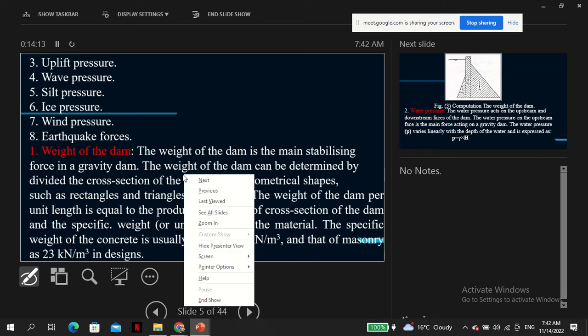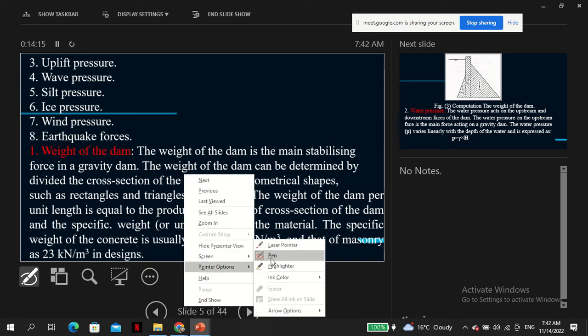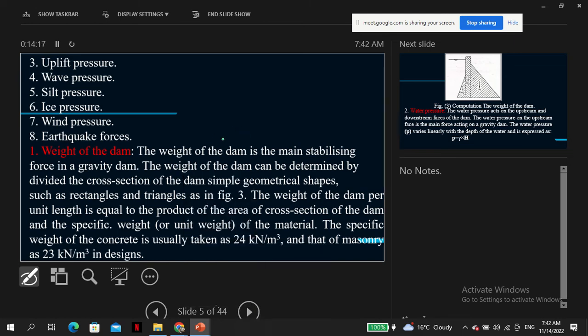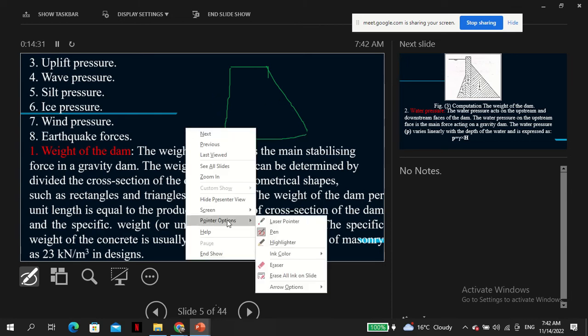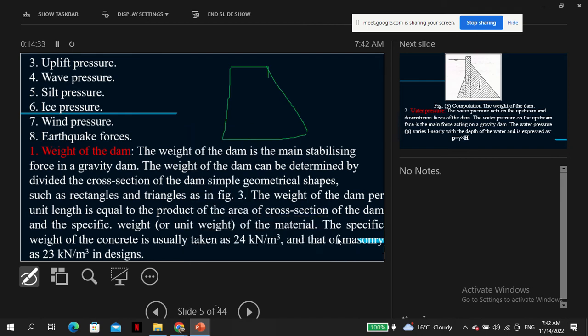So the weight of the dam per unit length. What we are doing, in fact, this is a cross section, so that means in the direction of the board. Let me try to make what I'm saying clear.